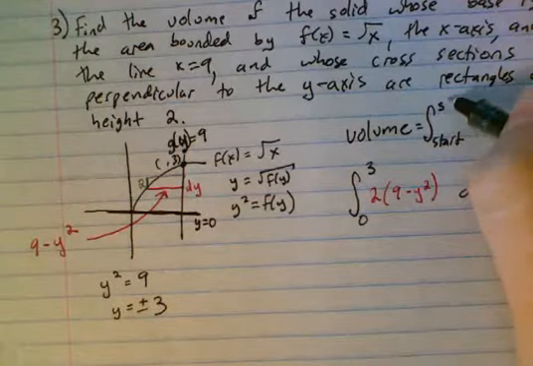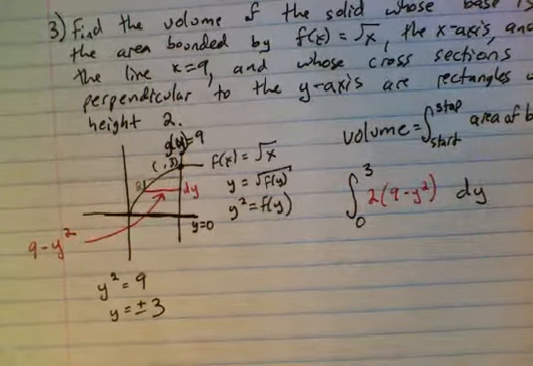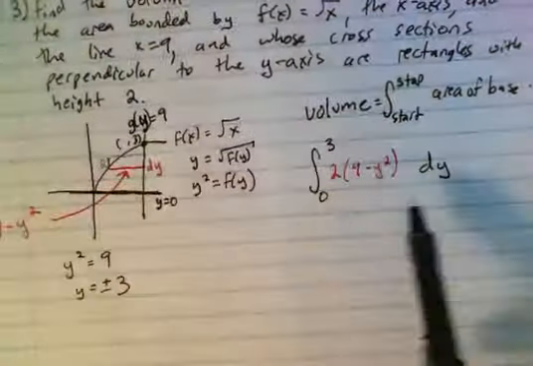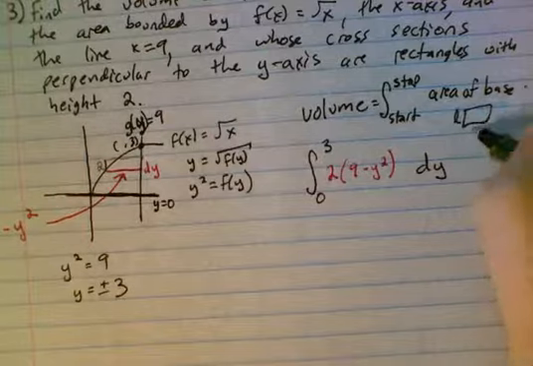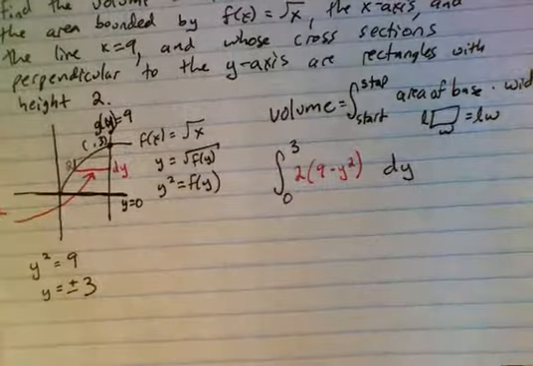volume is start to stop, area of base times width. Don't mind that we're kind of using width in two different ways here. This is just the area of the base, length times width of a rectangle, and then this is our little dy, just like we normally do.